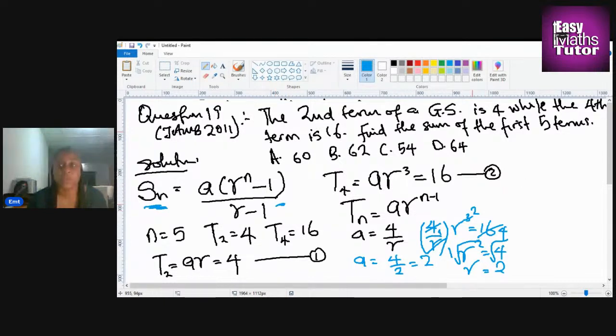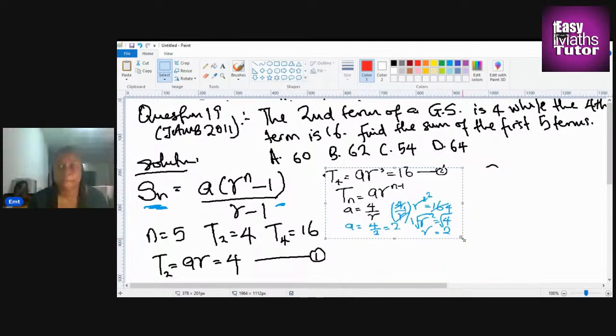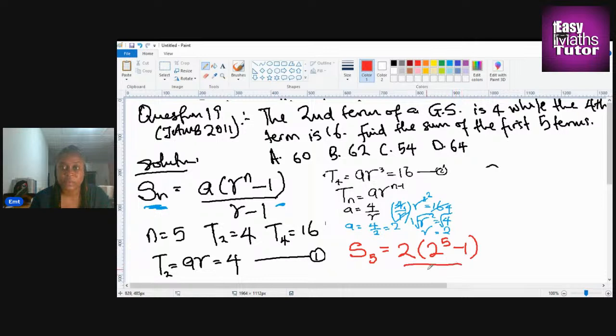Okay, before we change the color, let's reduce this so that we can have some space to work. So we'll say S5 equal to a, a is 2, r is 2, n is 5, minus 1, all over r is 2 minus 1.